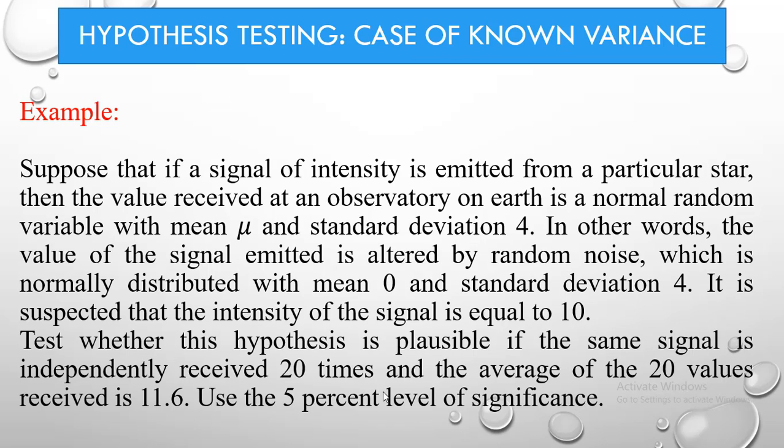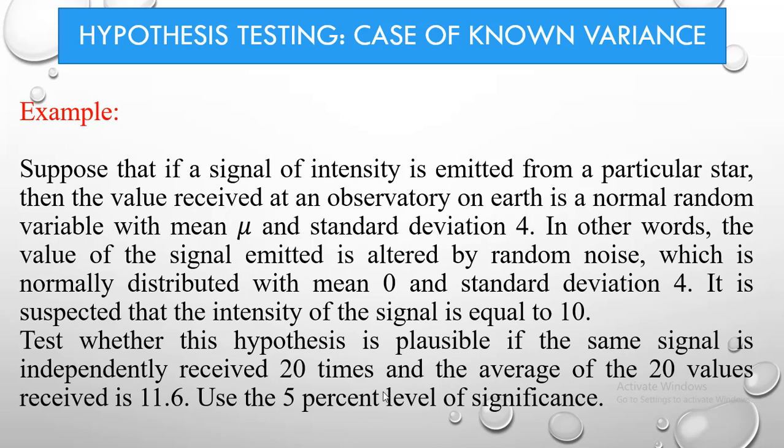So this is the example. Suppose that a signal of intensity is emitted from a particular star, and the value received at the observatory on Earth is a normal random variable with mean mu and standard deviation 4. In other words, the value of the signal emitted is altered by random noise, which is normally distributed with mean 0 and standard deviation 4.